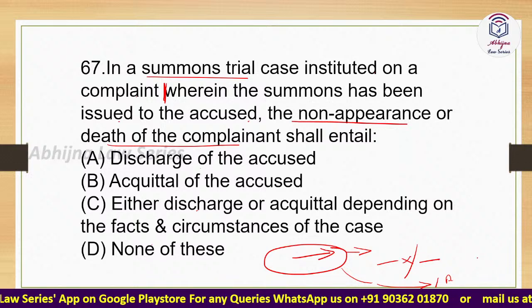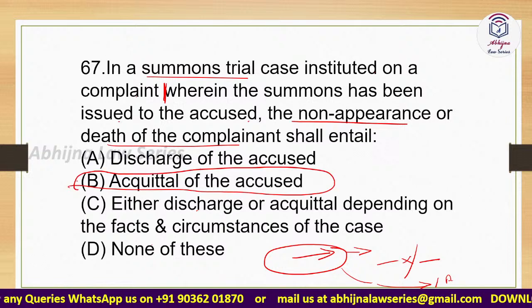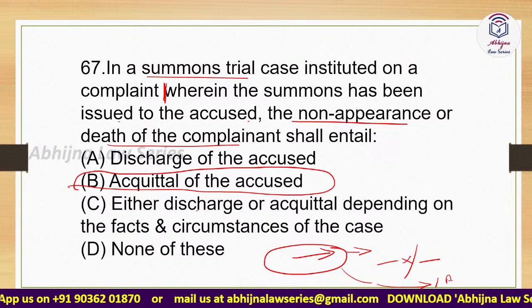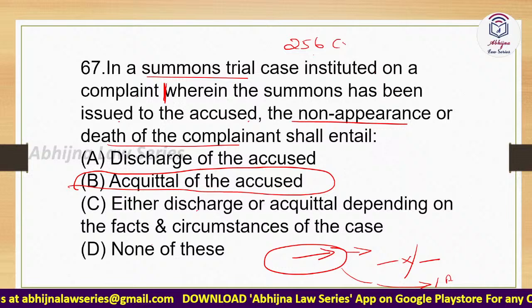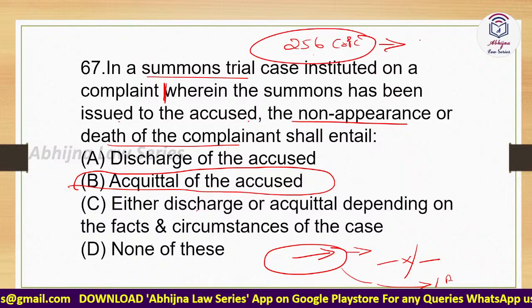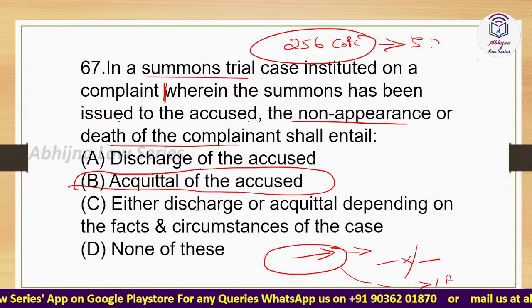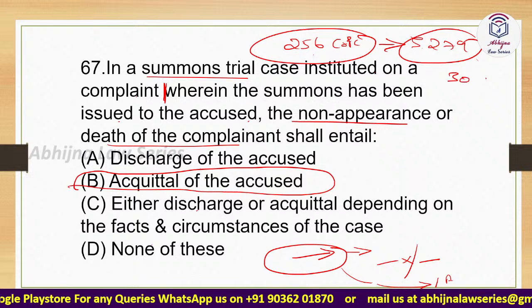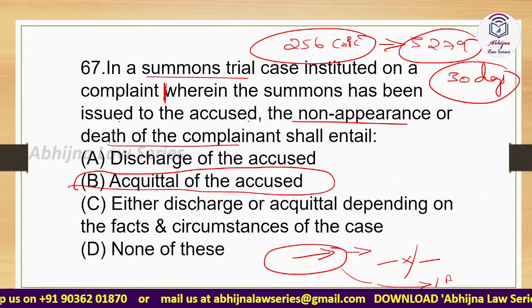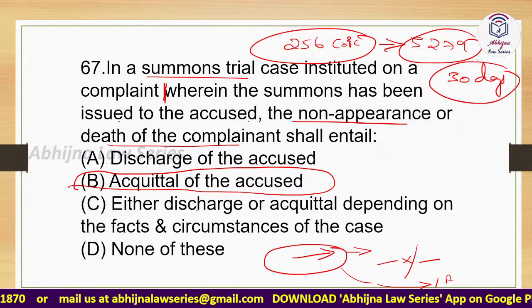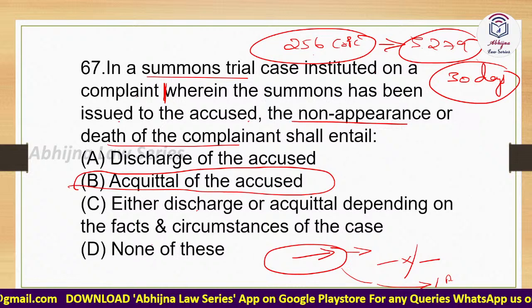So the accused is given the benefit and he is acquitted if the complainant is not appearing. This was as per section 256 of CrPC, but now as per section 279 of BNSS, 30 days time has to be given to the complainant so that, if possible, he can appear and continue with the proceedings. If he does not do that, then it leads to the acquittal of the accused. B is the answer.